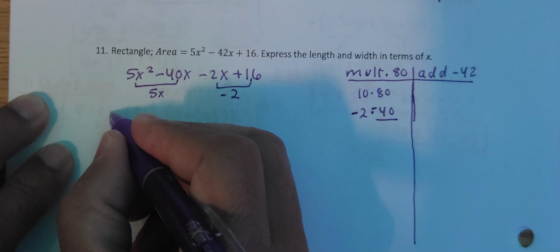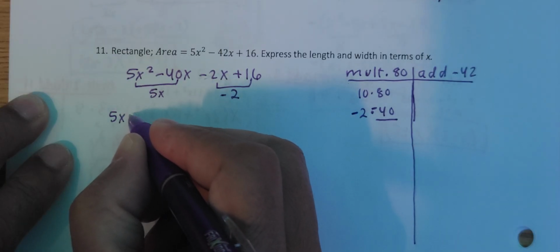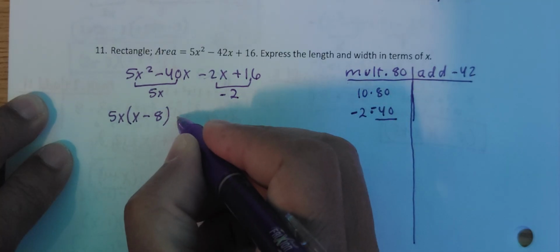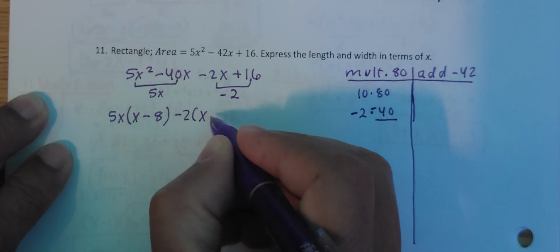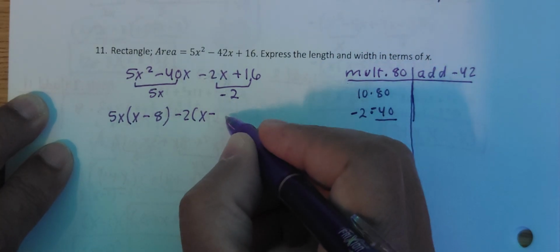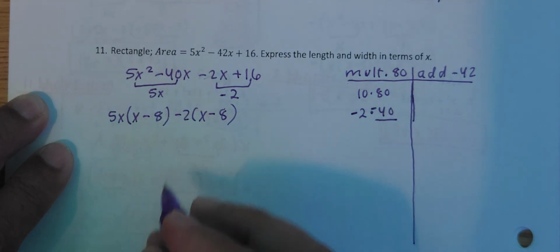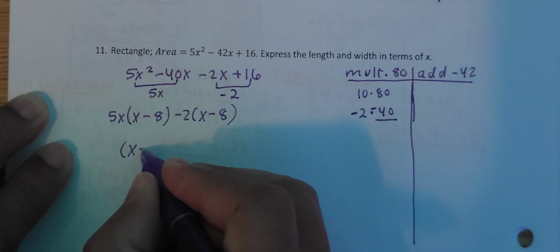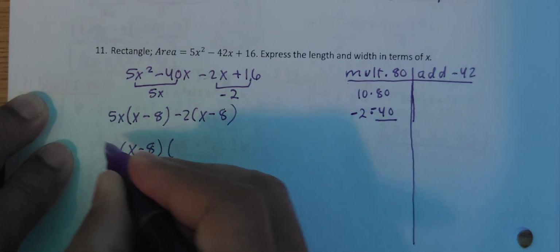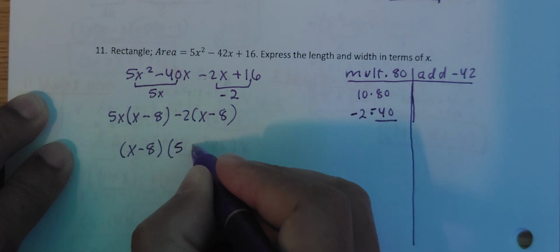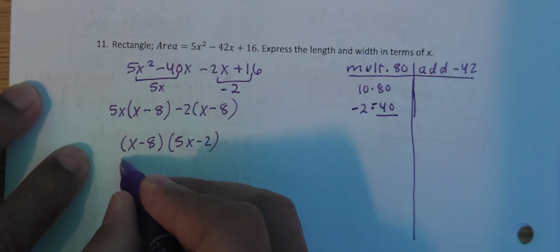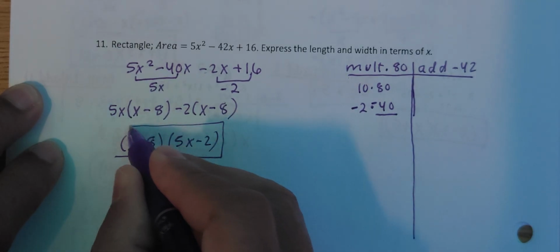So factoring out 5x from the first group, this becomes x minus 8, and then minus 2 times x minus 8, because 16 divided by negative 2 is negative 8. So notice we have x minus 8 and x minus 8, so that's the common factor in the two groups. We can factor it out and put together 5x minus 2. And this is the answer to that problem.